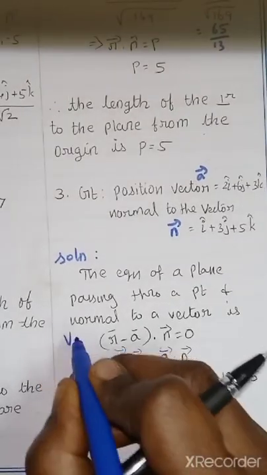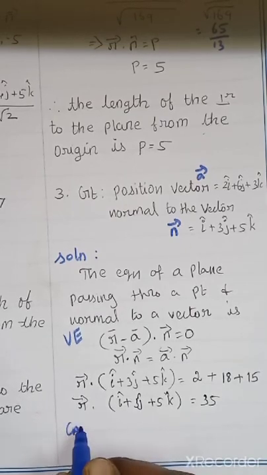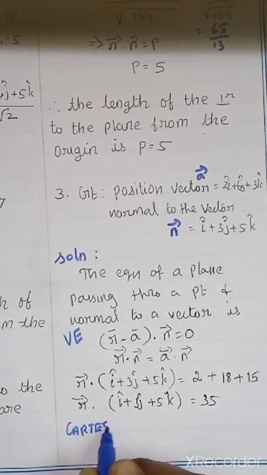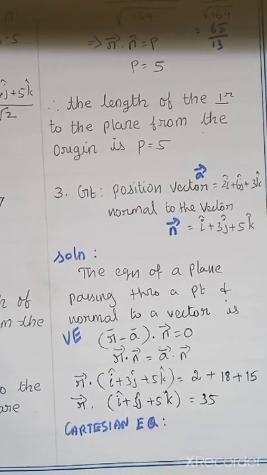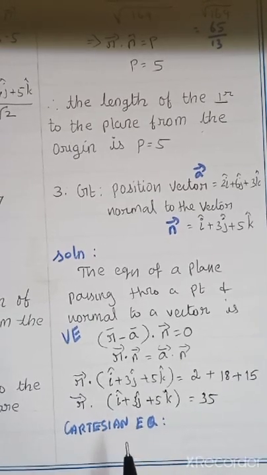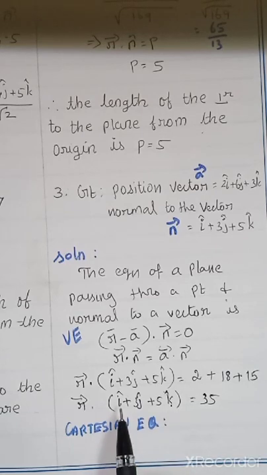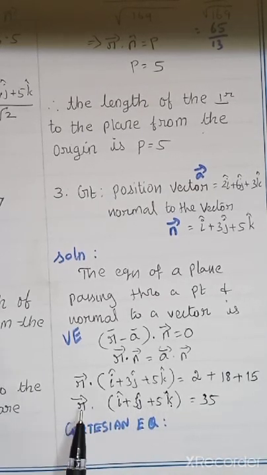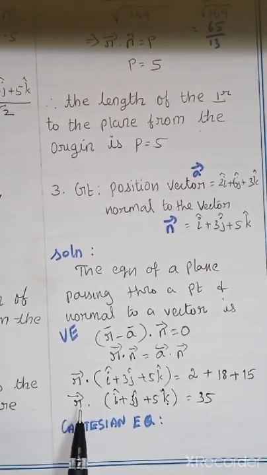This is your vector equation, and next what we have to find out is the Cartesian equation. So what is your Cartesian equation? Instead of this i, j, k, you have to put x, y, z. That's all. Actually, how we have to do it is, r vector is xi plus yj plus zk.